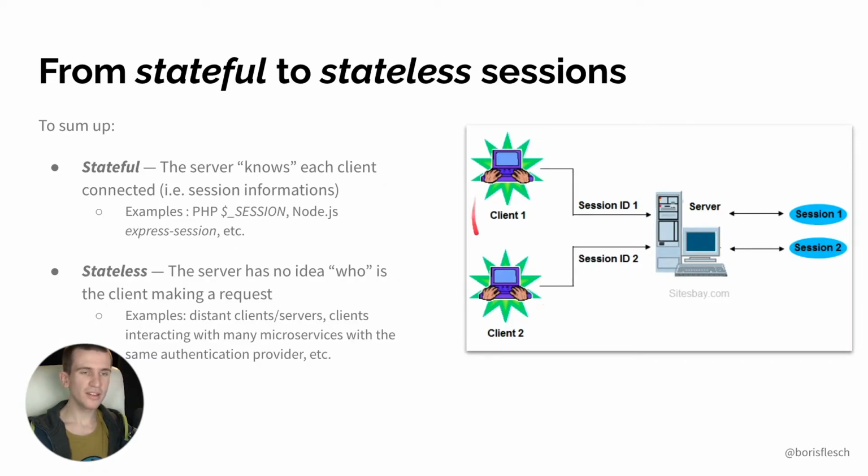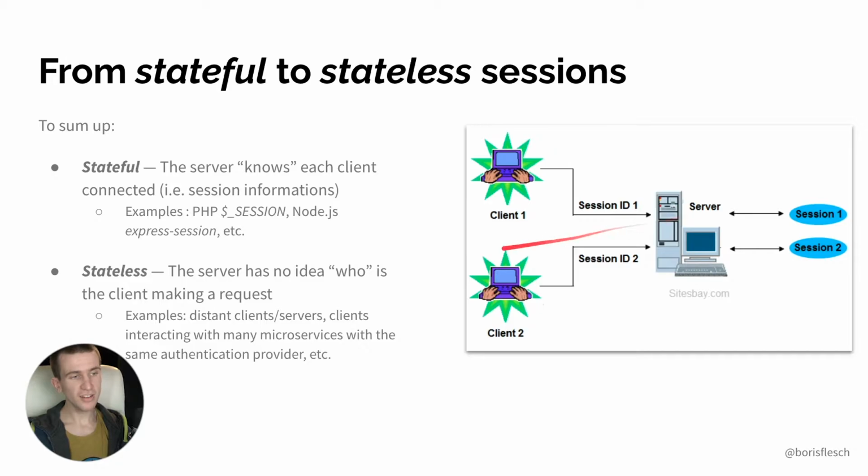This principle is described here, where every client, so for example client 1, will have the session ID 1, and the server will remember this client thanks to its session ID. So that's why here in the server's memory we have a space for session 1, which is related to client 1, and another one for client 2, which has session ID 2, and another space in the memory for session number 2. So this is how a server can actually handle multiple connections.